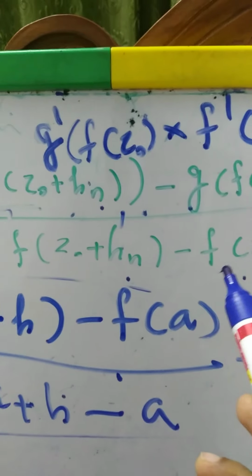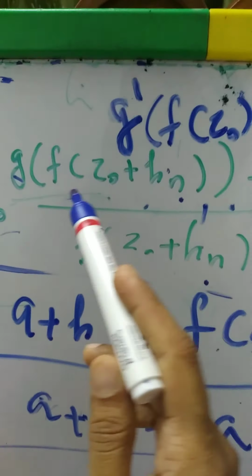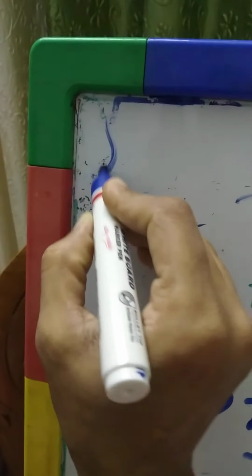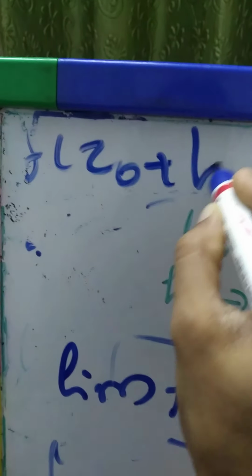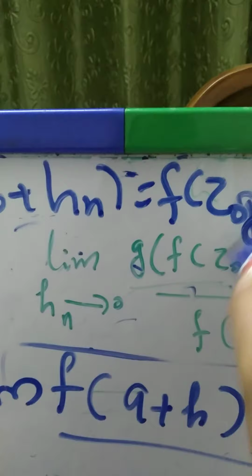So for an arbitrary point z naught in G, and the case 1, what is case 1? f of z naught plus hn not equal to f of z naught. This is case 1.